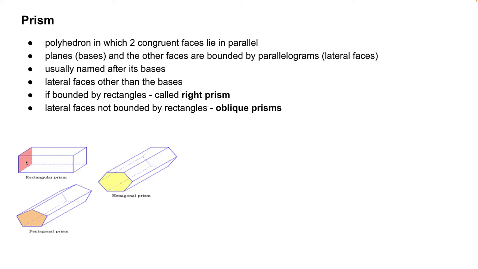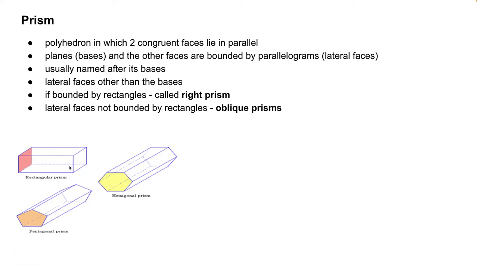So we can see that there are two faces. This face and that face are congruent. These two faces are congruent, and also this top face and bottom face are congruent, and the front face and the back face are congruent. So a prism has two congruent faces that lie in parallel, right?